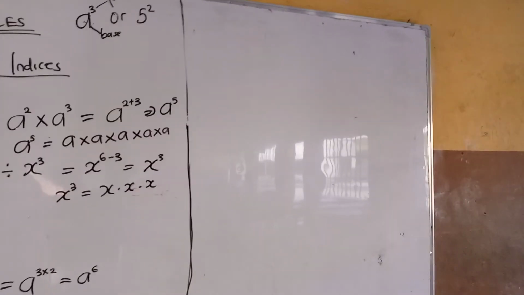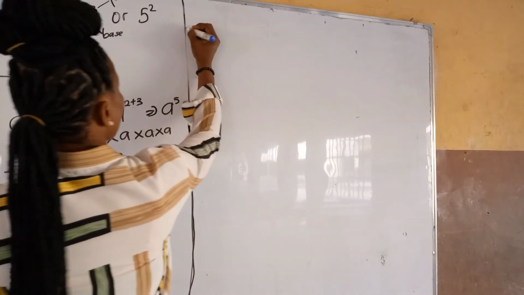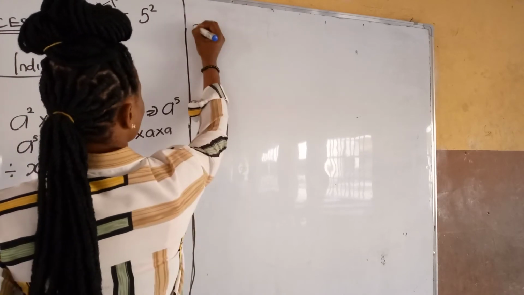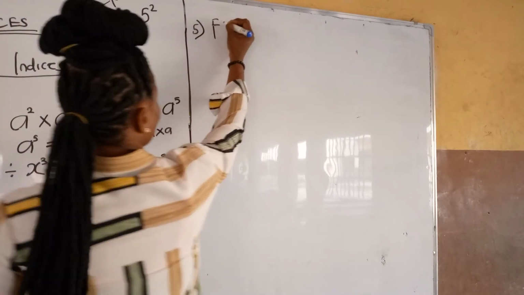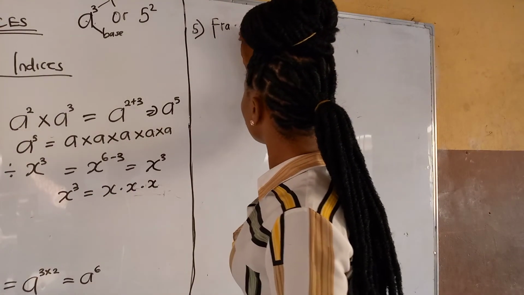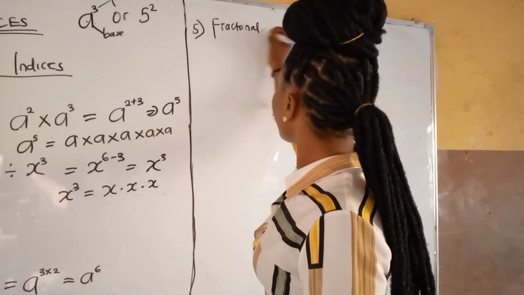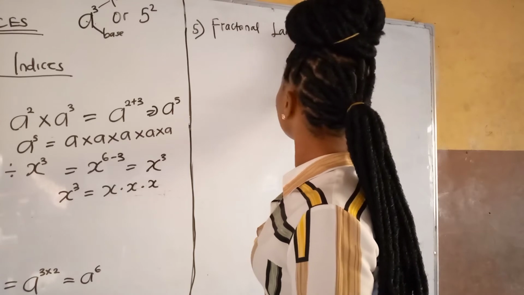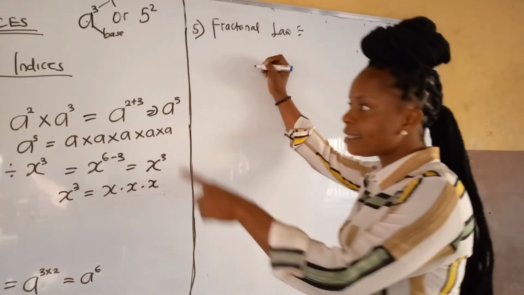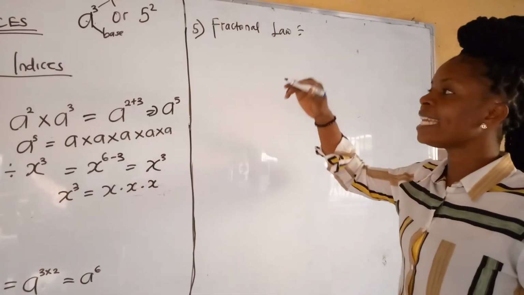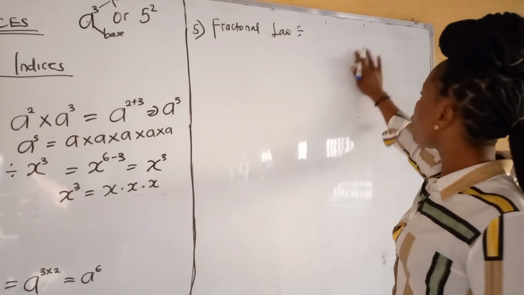So we have the next law, which we are going to look at now, called the fractional law. I hope you have seen it before. You know, indices has to do with the power, the index. So what does this law say?